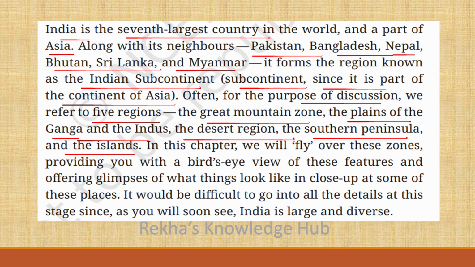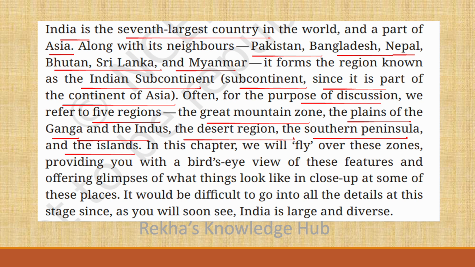So, for the sake of clearer understanding, India's landscape is often divided into 5 regions. The Great Mountain Zone primarily refers to the Himalayan ranges in the north.